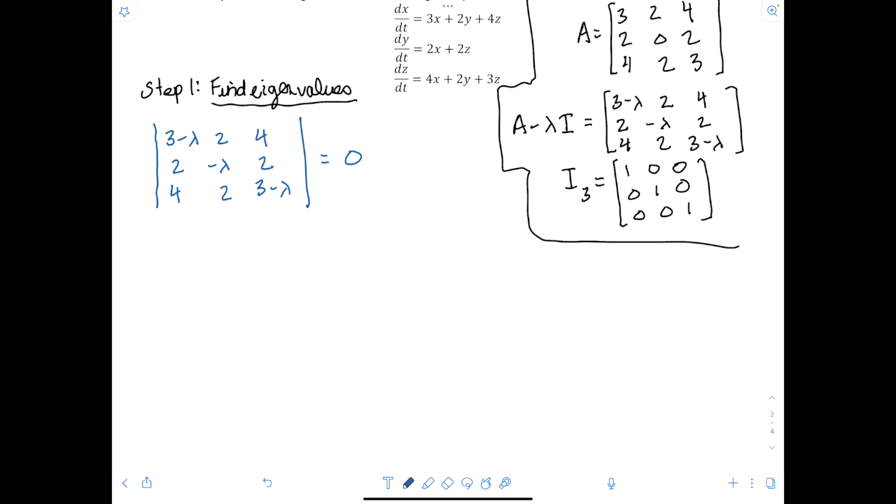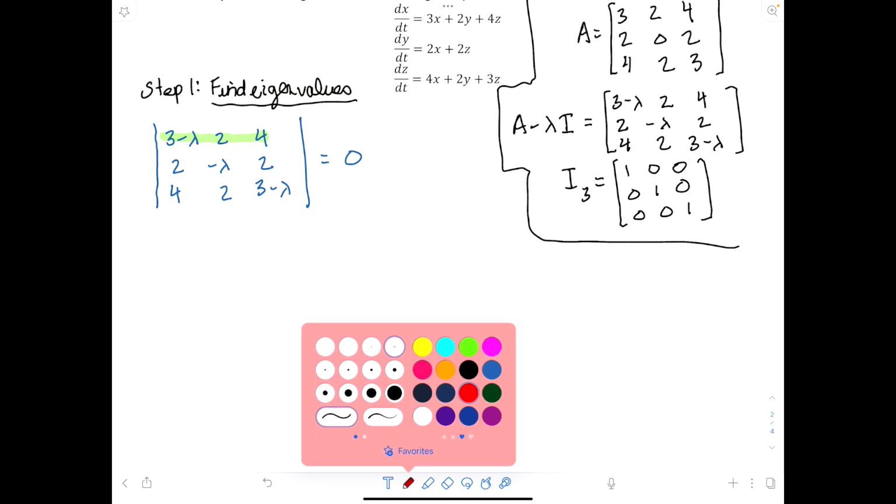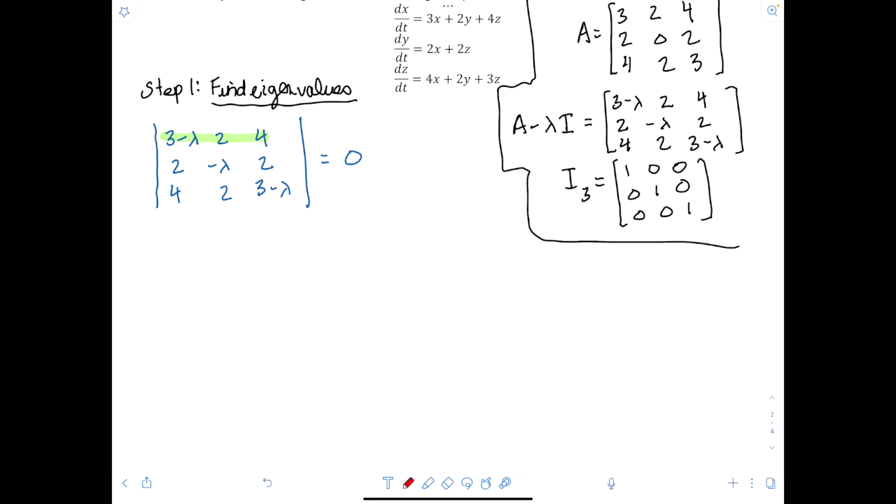So this one, it'll be a little bit of a pain. We'll go ahead and expand about that first row, and then the trick is to find the sign of the cofactor.